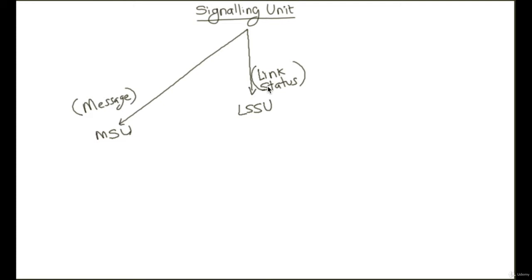Then that status will be communicated using this packet to the other end, and this will not percolate throughout the network. It is just between one endpoint to another endpoint, and that's it. So it does not percolate to other elements of the network. So that's the link status signaling unit.